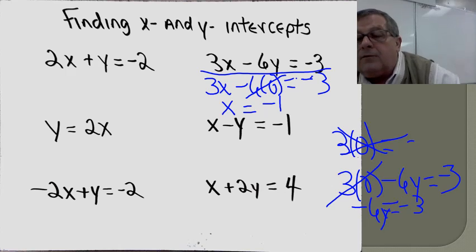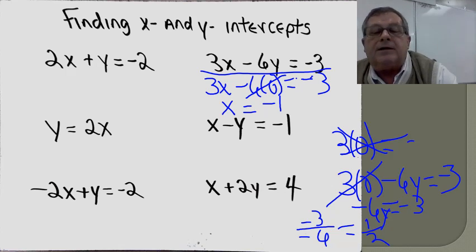I divide both sides by minus 6, and I end up with y equals minus 3 over minus 6, which I could reduce down to 1/2. So here we've got the x-intercept is minus 1, and the y-intercept is 1/2.